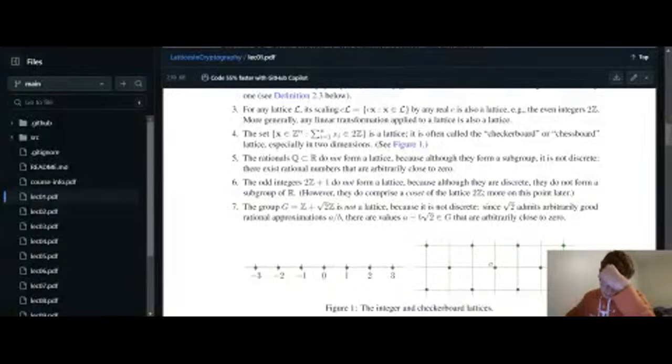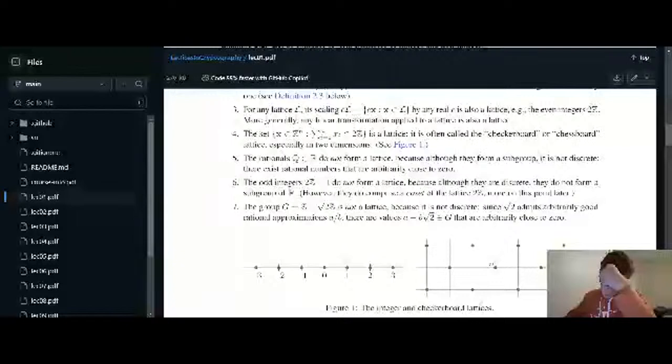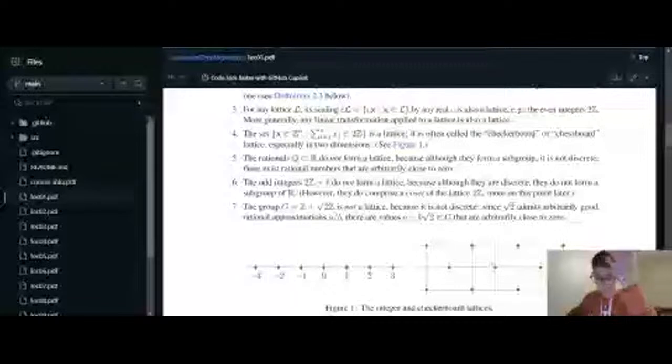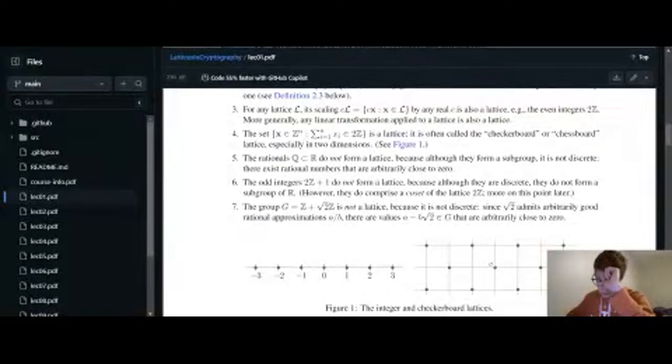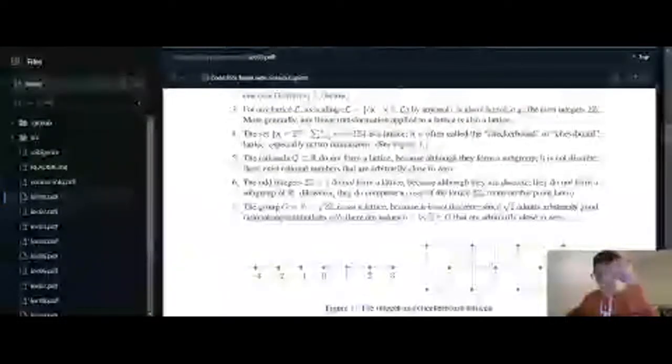This should work. We'll just get 0, 0. 0, 1 will not work, because 1 does not exist in the span of 2 times the set of integers. 1, 0, same thing. 1, 1, same thing. 1, 2. No, that still won't work.